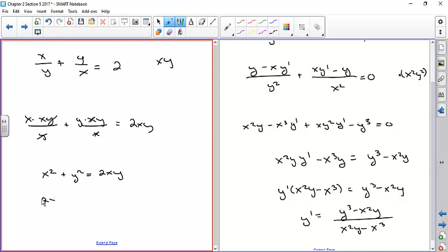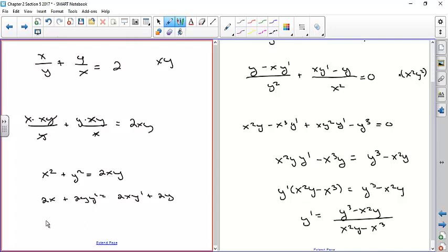So you get 2x plus 2y y prime is equal to 2x y prime plus 2y. Is that right? So far, so good. 2y y prime, then use the product rule. So you get 2x times the derivative of that, which is y prime. And then you get 2y times the derivative of that, which is 1.